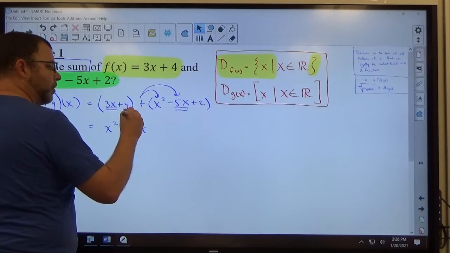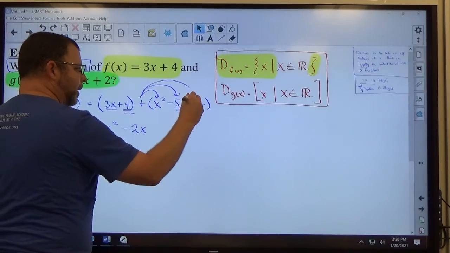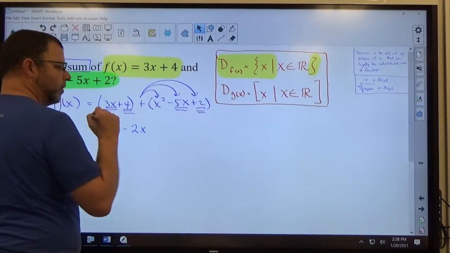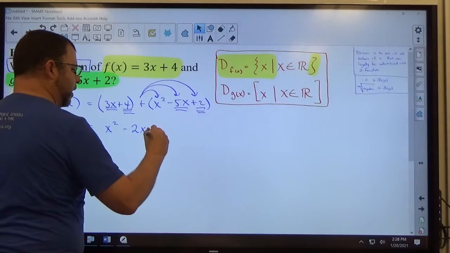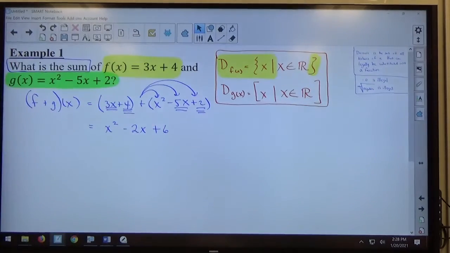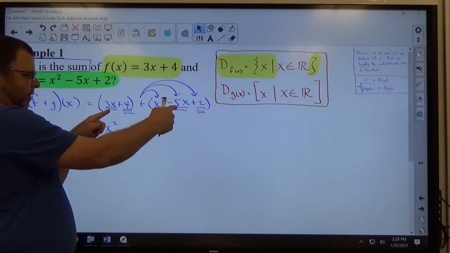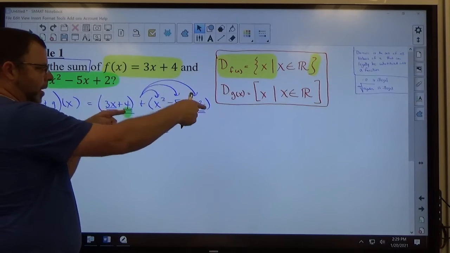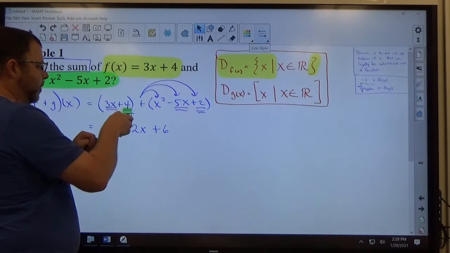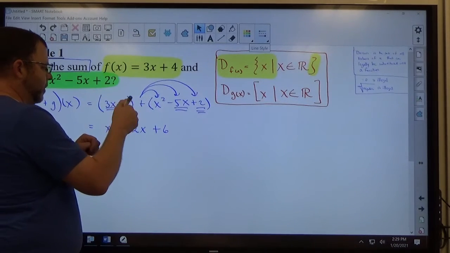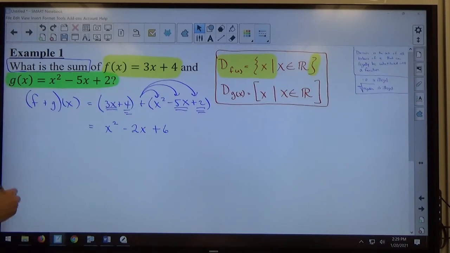And then positive 4 plus positive 2 is positive 6. Pluses and minuses in front of every term. But again, it's just combining like terms. 1x squared, 3x minus 5x is negative 2x, 4 plus 2 is equal to 6. All right, that's what f plus g of x is.